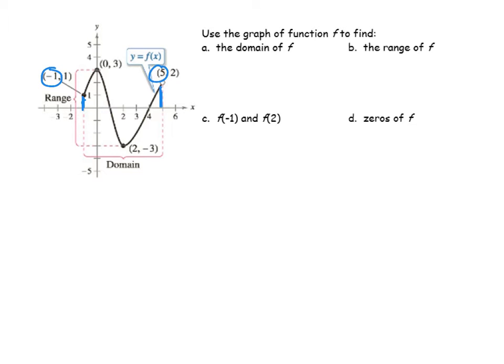Notice the closed circle, which means I include that point. So I would say greater than or equal to -1. The open circle at 5, so it approaches 5, but it doesn't hit 5. So I'd have to say for my domain that x needs to be less than 5.